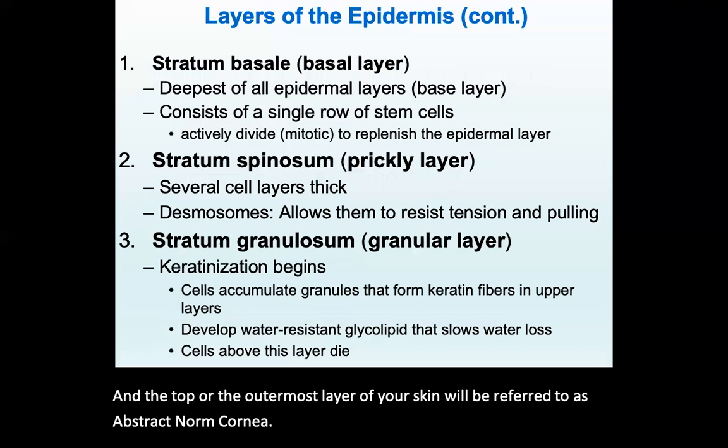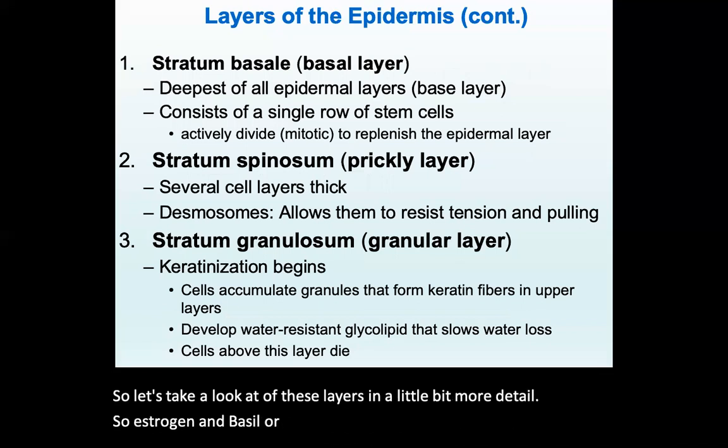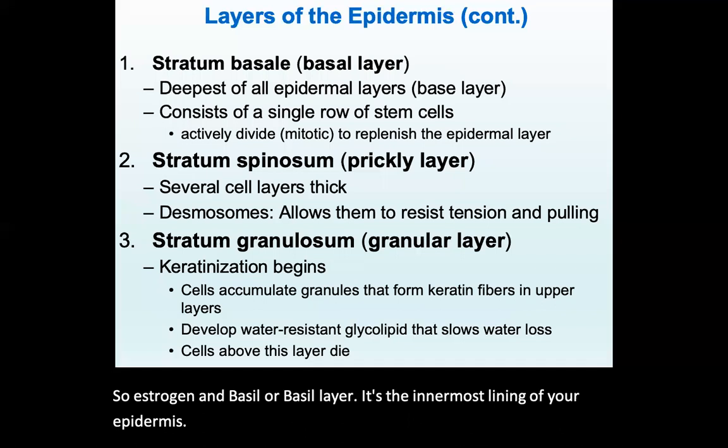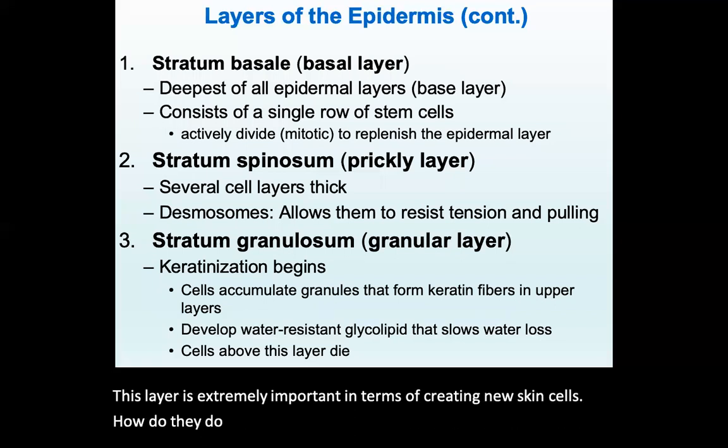Let's take a look at each of these layers in a little more detail. The stratum basale, or basal layer, is the innermost lining of your epidermis. This layer is extremely important in creating new skin cells. How do they do that? They use the process called mitosis. That should sound really familiar to you.